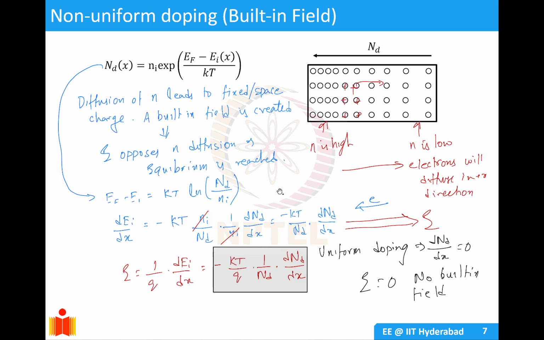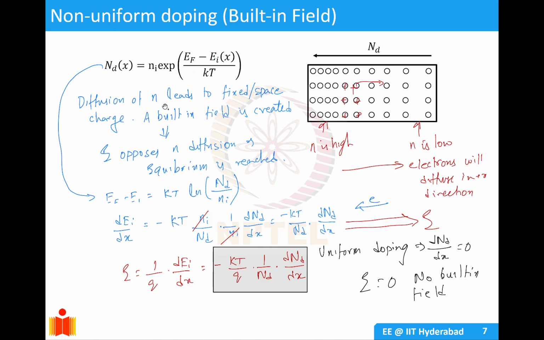Next is non-uniform doping. In case you have a semiconductor that has been doped non-uniformly, you don't have to apply an external electric field. There will be a built-in electric field inside due to the non-uniformity of doping. So let's assume the doping concentration changes with position as ni exponential (EF minus Ei(x)) by kT.